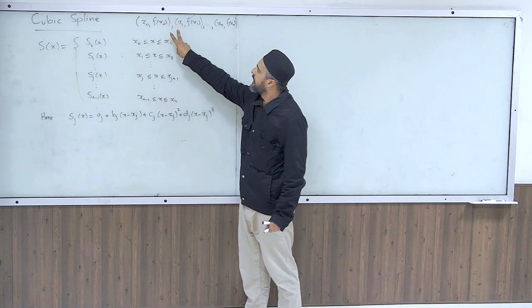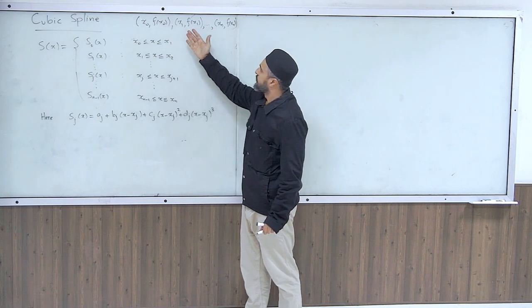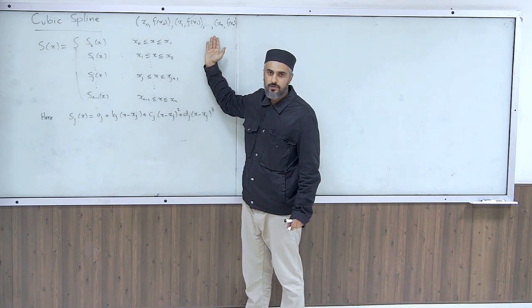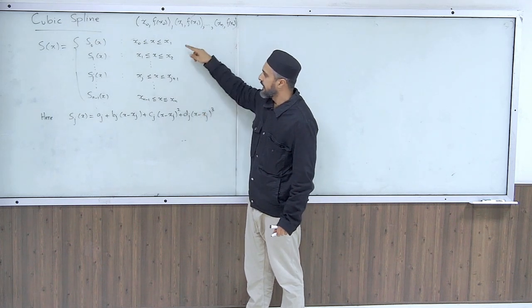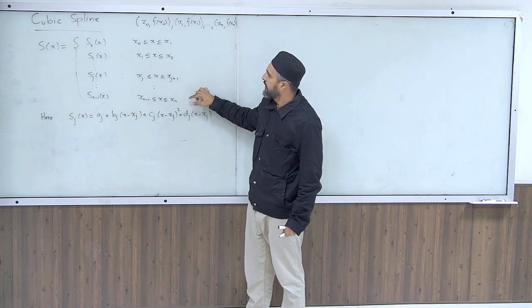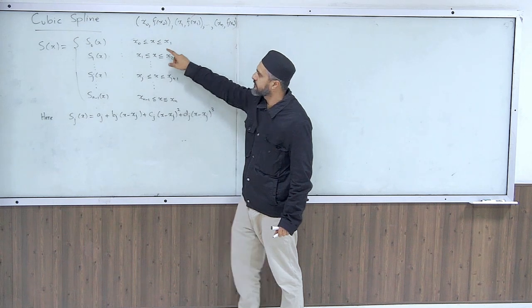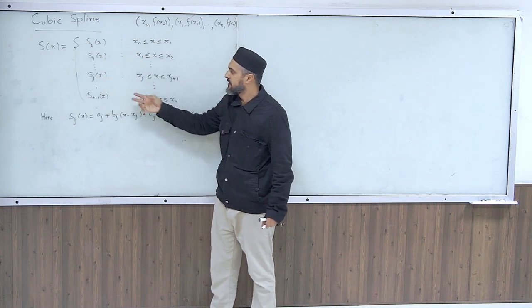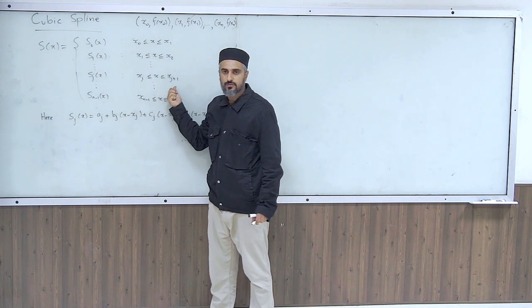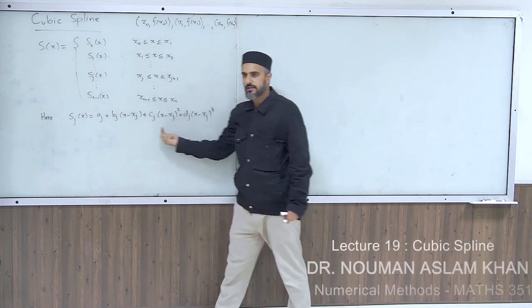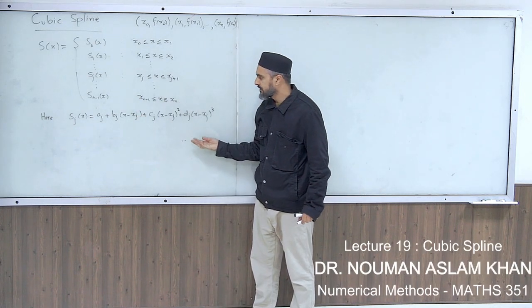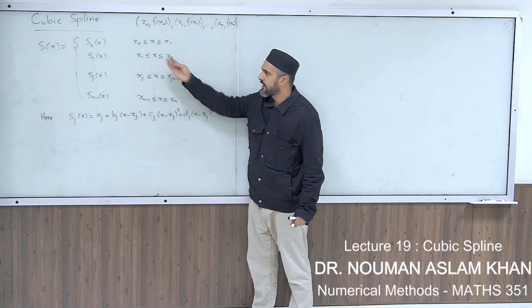Then the number of cubic splines we plug in is n. Between x0 and x1 we have S0, and generally between xj and xj plus 1 we have Sj of x. For example, for j equals 0, we have S0.